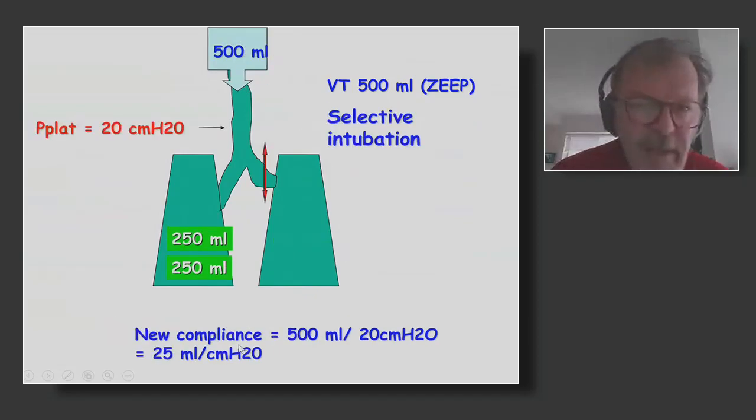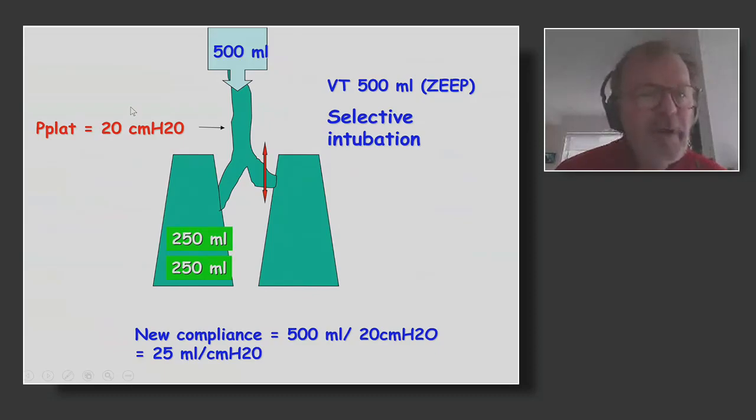Let's imagine now that the same patient has a selective intubation, where the endotracheal tube, instead of ventilating the two lungs, has been pushed too far and is only ventilating the right lung, which is something that can happen. So instead of having 250 ml in each lung, you have 500 ml in one lung. And intuitively, it makes sense, the pressure will become much higher.